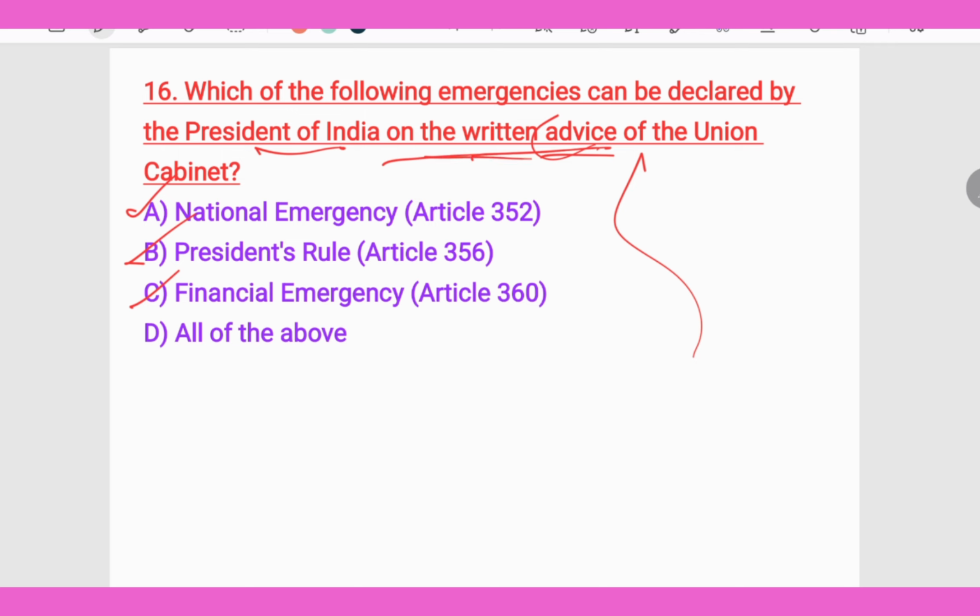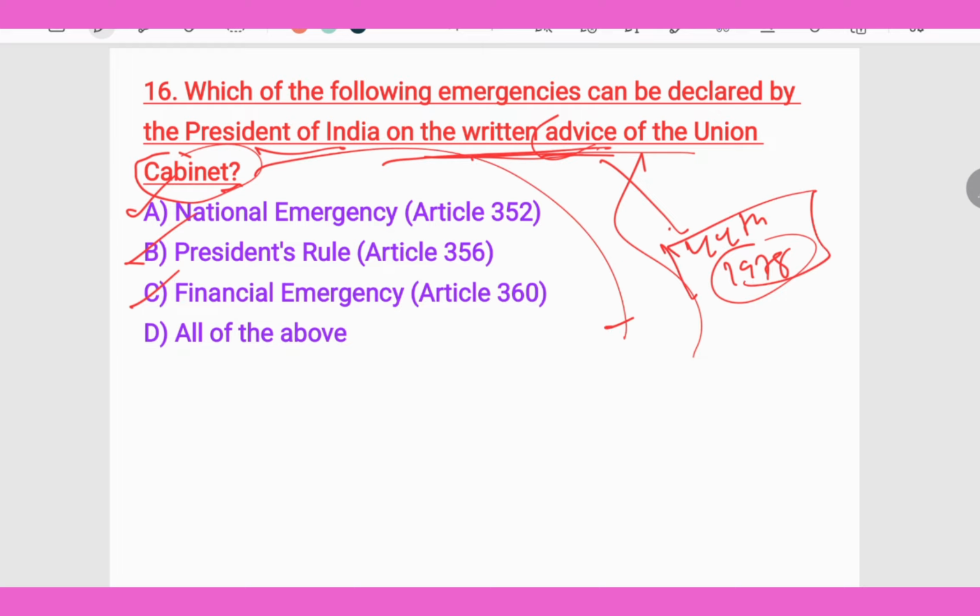Remember this point, the written advice of the Union Cabinet was brought in by the 44th Amendment of 1978. The cabinet is a core group inside the Council of Ministers, core members like Defense, Railway, Finance, Home Minister, within the Council of Ministers, which is headed by the Prime Minister.